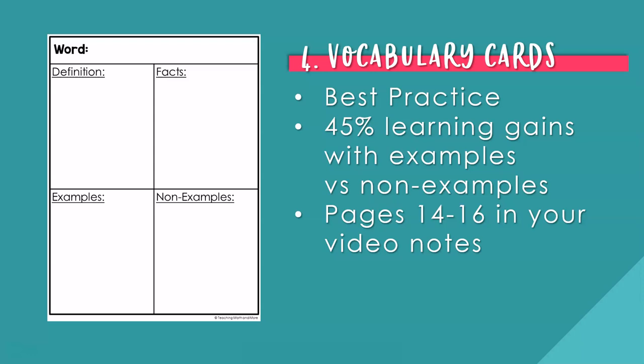Why do we do this? Because statistically it has been shown that when you compare and contrast a math vocabulary word with examples and non-examples, your learning gains will improve 45%. That's a lot. So next time you need your students to practice, use a math vocabulary card.